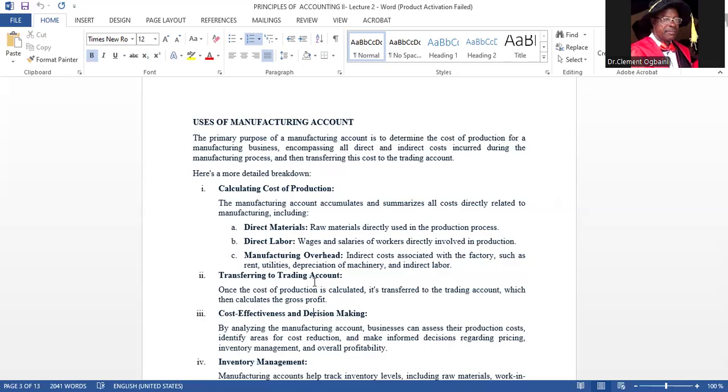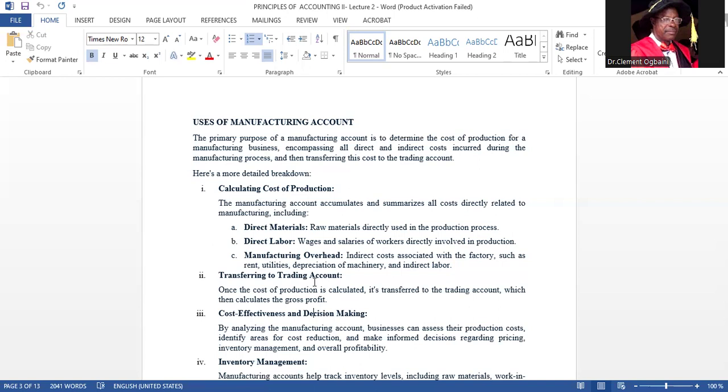So in manufacturing account, we're able to determine the cost of goods manufactured, and also we now put a value on top to get the transfer price at which we are now selling it to the marketing department.